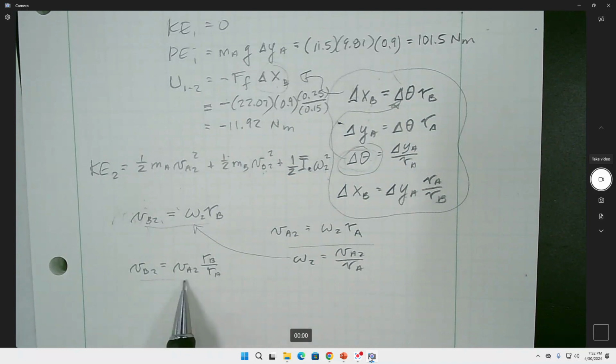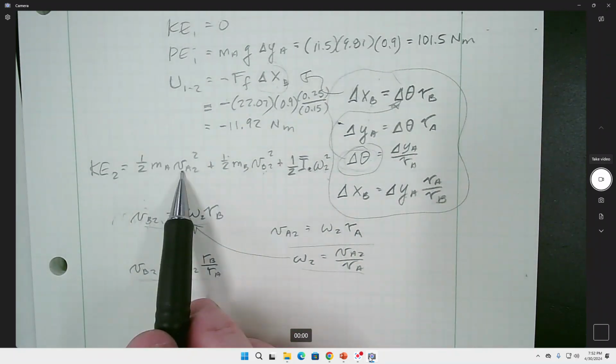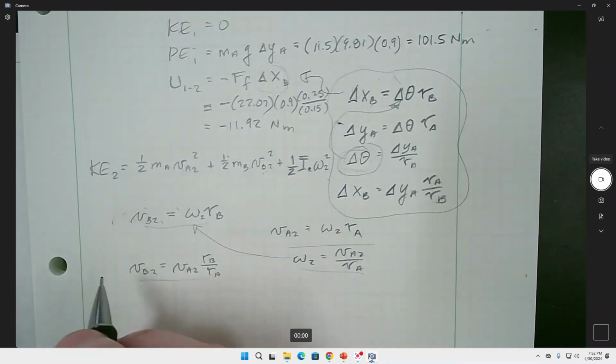Now we have both VB2 and omega 2 in terms of VA2. We would plug them into here so we can simplify and find that.